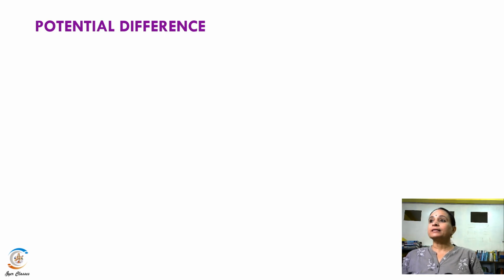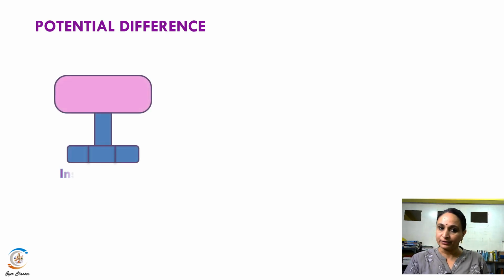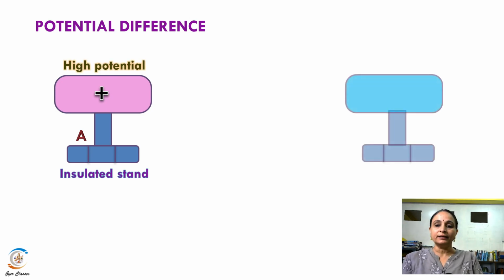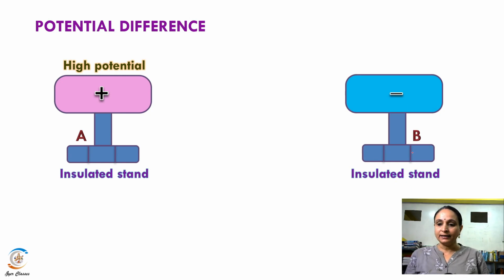Let us now discuss a very important concept, and that is called the potential difference. Let us talk about an insulating stand at A, which is at a higher potential, and another insulating stand B, to which the charge given is negative.